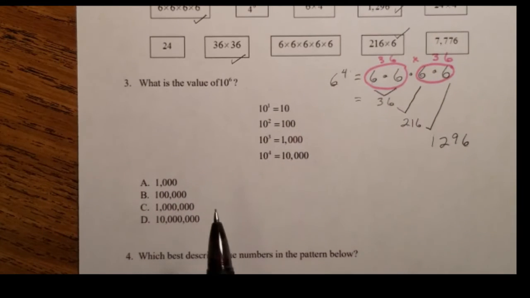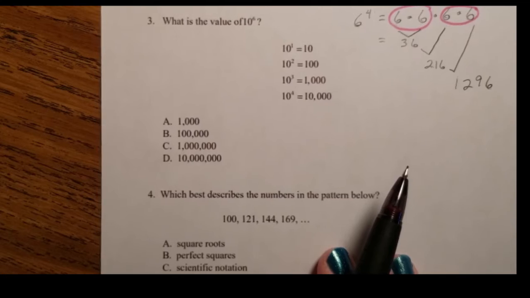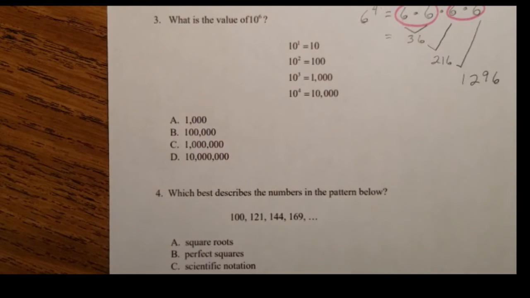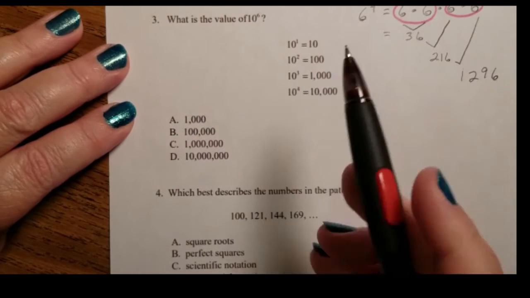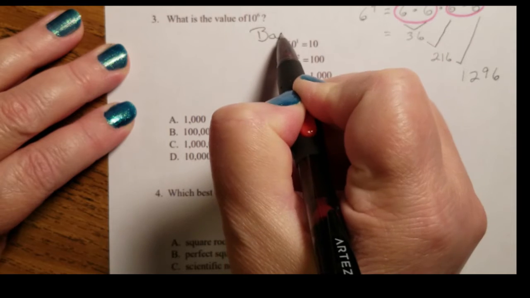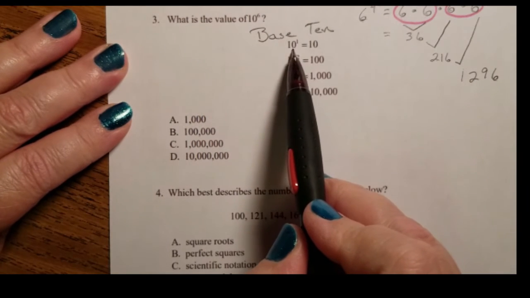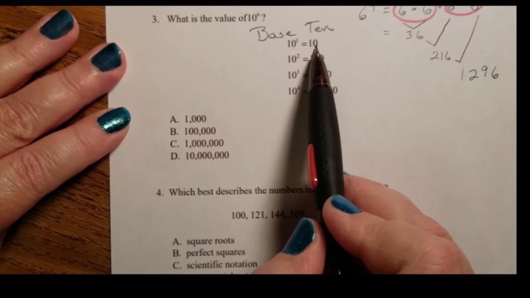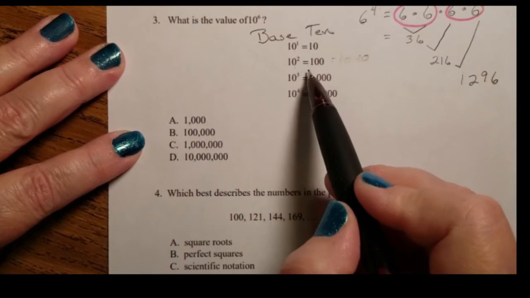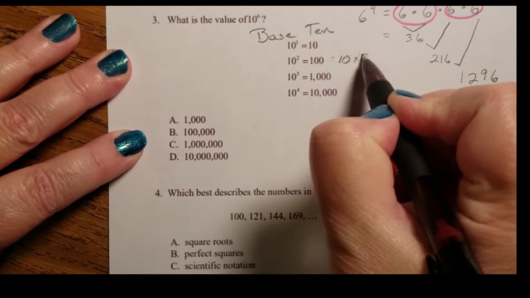The next one, we're going to come down here and do number 3. If you see that pattern, this is our base 10. So 10 is our base. If we have 1, we've got 10. If we've got 2 bases, that's 10 times 10.